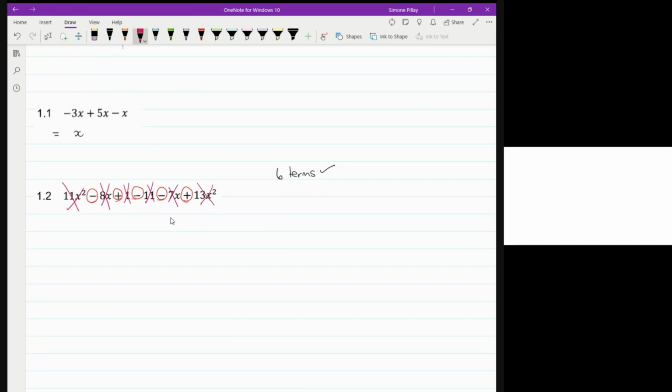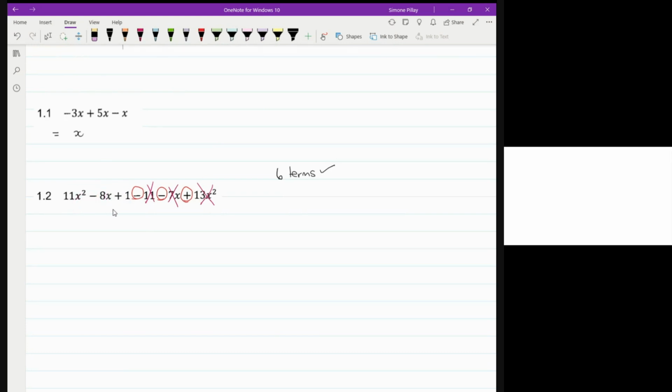Did I count wrong the first time? 1, 2, 3, 4, 5, 6. Oh no, there's 6 crosses. I just counted wrong the second time. I was like, am I going crazy? No, there are 6 crosses. So 6 terms. I see Shady saying 2 pairs of like terms.